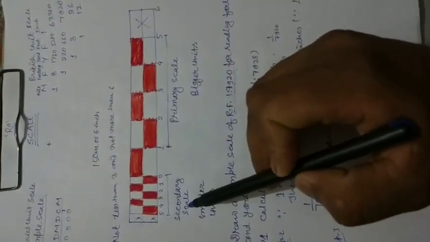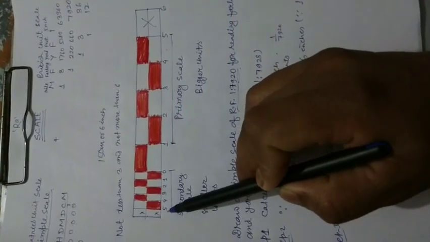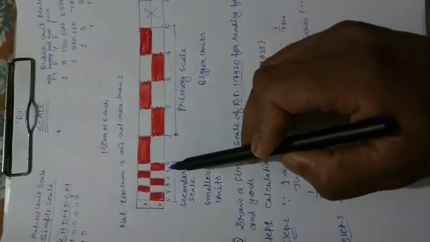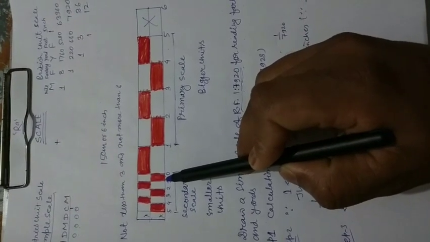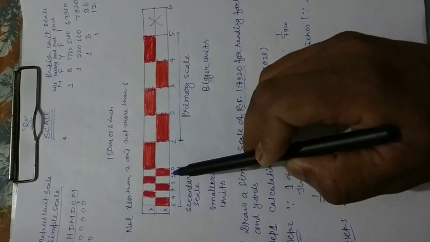Like that, in the secondary scale we have 0, 1, 2, 3, 4, 5. So not less than 3 and not more than 6. This also has the same distance here. So like that we can draw the scale.